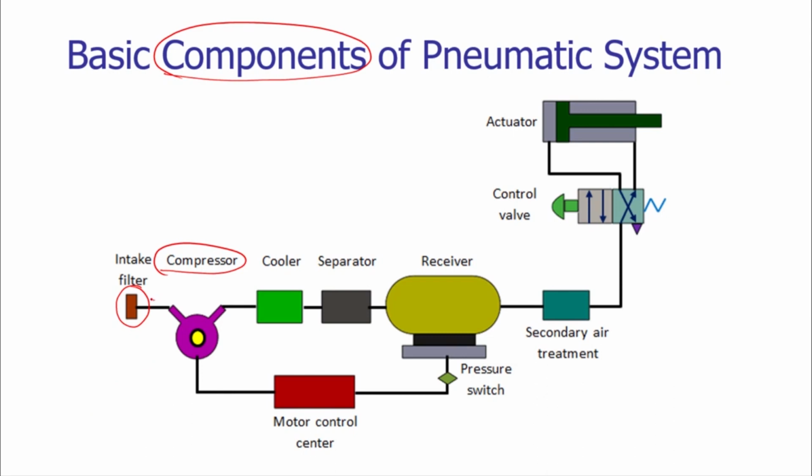So when it takes the air inside for the increase in its pressure, it needs to filter. The environmental air may have a lot of impurities, may have solid particles. So to protect the compressor unit and to have pure, clean air, we need to filter it out. As the compressor is compressing the fluid, it increases the temperature.